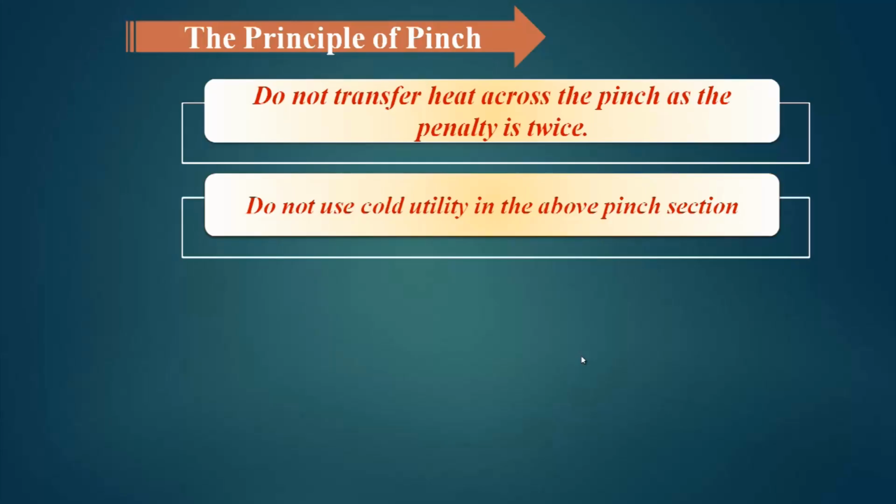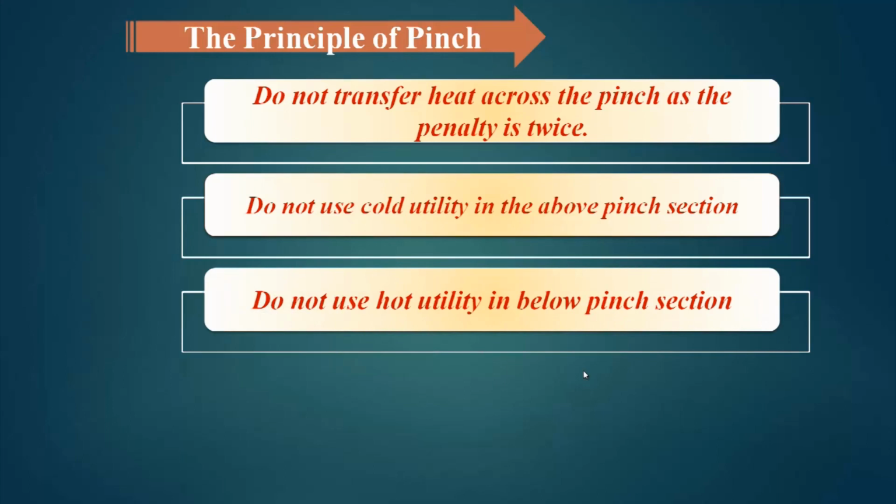The third point is, do not use hot utility below pinch. This also can be argued in the same manner. When we use hot utility below the pinch, we increase the cold utility amount and hot utility amount for the total problem, and more area is required to pass this extra amount of hot and cold utility. So, this unnecessarily increases the cost of the heat exchanger network.